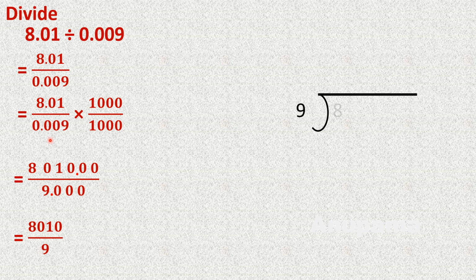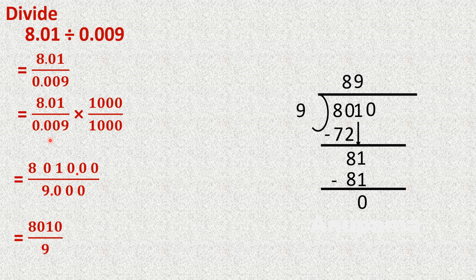We need to divide 8010 by 9, and it is a simple kind of division. 9 8s are 72. We will do subtraction. We will get 8 and we will write down 1. 9 9s are 81. We will subtract it. We will get 0. We will write down 0 and now 1 0 for that.